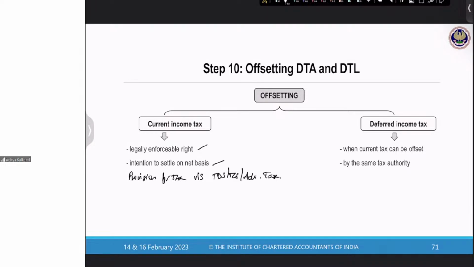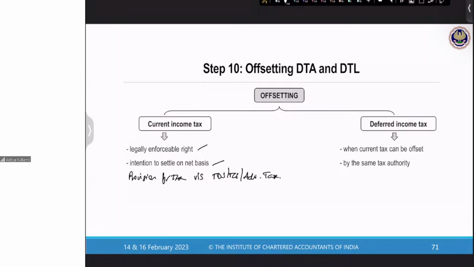You are setting this off. Is it permitted? Yes. Is it mandatory? Yes, if you are settling it on a net basis, and we always settle it on a net basis. Many times I have seen balance sheets where provision for tax is there and tax assets are also there. TDS, TCS, advance tax, etc. Net it off.